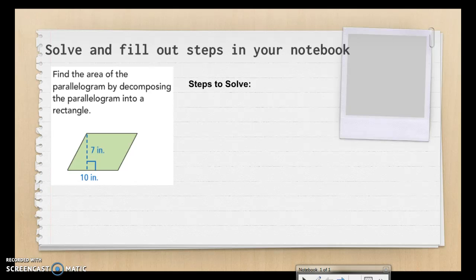The first thing you need to do every single time when you're finding area, volume, whatever, you need to write your formula. Step one is always write your formula. Okay? In this situation, because a parallelogram is a type of rectangle, you're going to use the same formula as a rectangle.